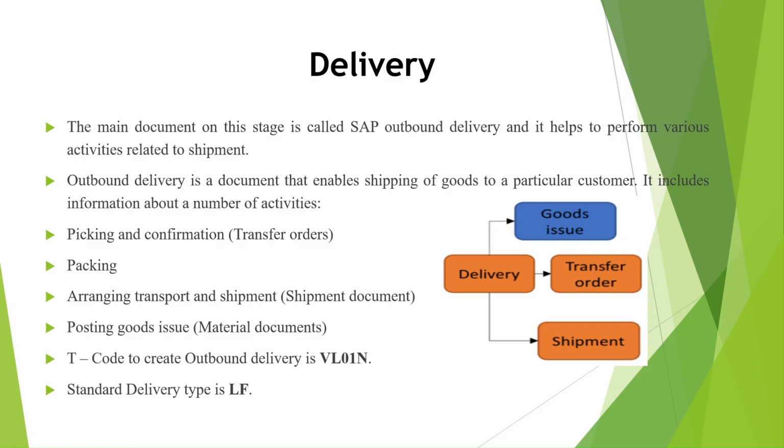Then an important concept is PGI. PGI means post goods issue, which means stock is reduced and ownership is transferred to the customer, and then an accounting entry is posted. Example, when the courier takes the product from the warehouse, that is nothing but PGI happening.